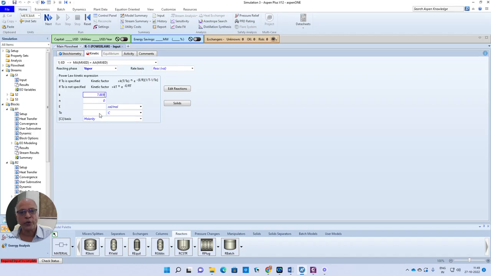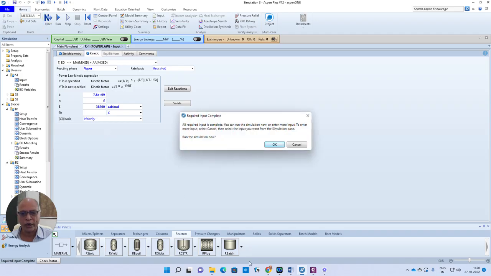If you don't specify the reference temperature T0, we are going to make use of the second equation to calculate the rate constant at any given temperature, provided we supply A and E. By default, if you are using the Arrhenius law, N is taken as 0. The value of activation energy is given to be 38,200 calories per mole. So we have defined this kinetics.